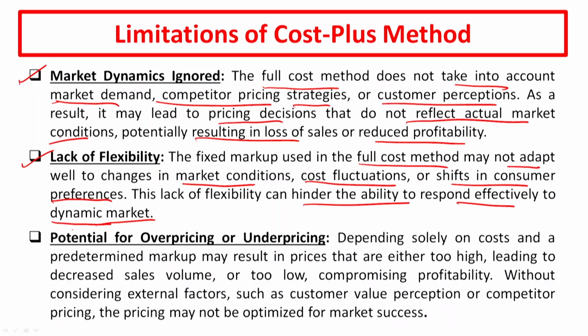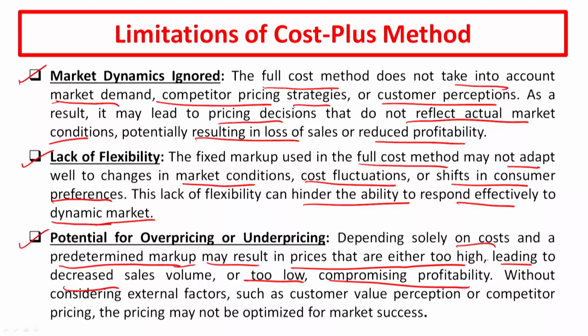The next point is potential for overpricing or underpricing. Depending solely on cost and a predetermined markup may result in prices that are either too high, leading to decreased sales volume, or too low, compromising profitability, which means in this cost plus method there can be circumstances in which the product can be overpriced or underpriced, as here we are only considering the cost and the expected profit from the market without considering external factors such as customer value perception or competitors' pricing.